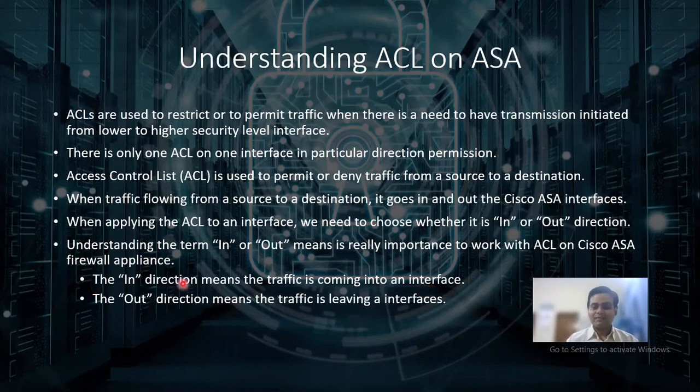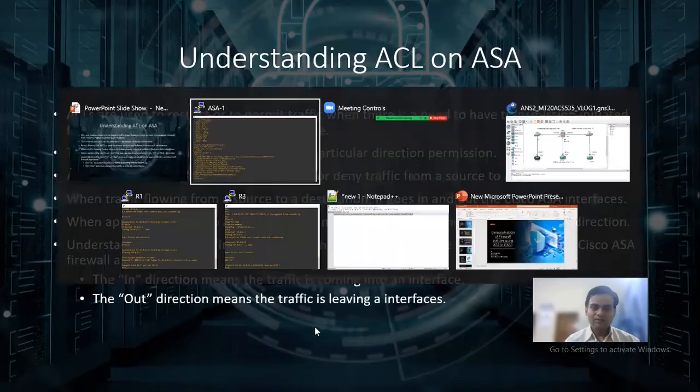Remember this: in means into an interface, out means traffic is leaving an interface. If I want to configure an ACL for traffic coming into something, I give the command in. If I want to configure it for traffic going out, I give out. There is another keyword, any, if I want both in and out. I can use either the keyword permit or the keyword deny. This is what we will see practically now.